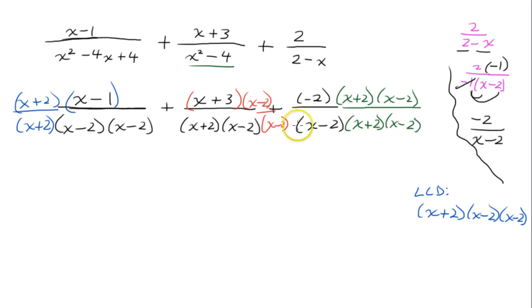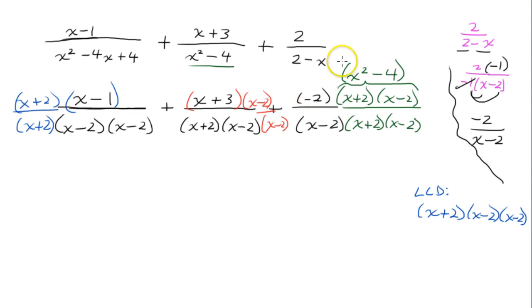And just to save us some time here, I'm going to rewrite this x minus 2 times x plus 2 in its multiplied form, and that is x squared minus 4.